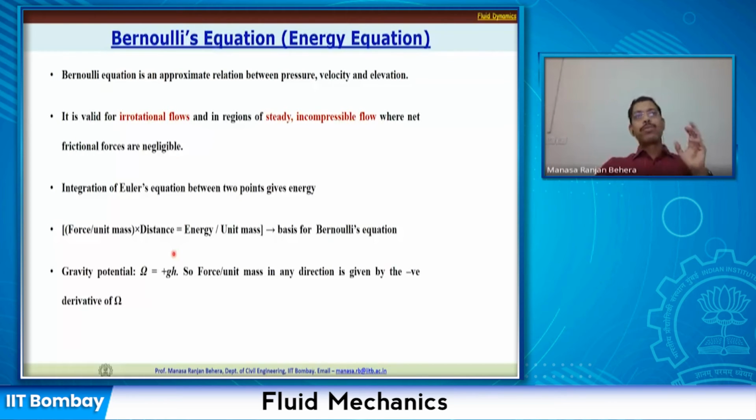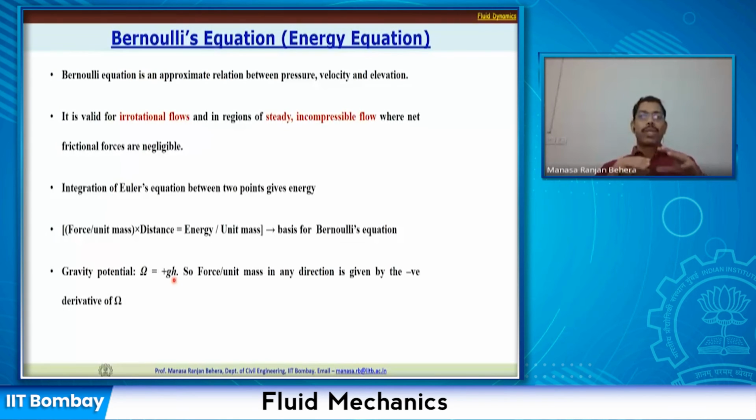The gravity potential, this is just a notation, you can write it in any way. Let us say the potential is omega, equals plus gh. At some height you have the liquid, so the potential energy stored is plus gh. The force per unit mass in any direction is given by the negative derivative.